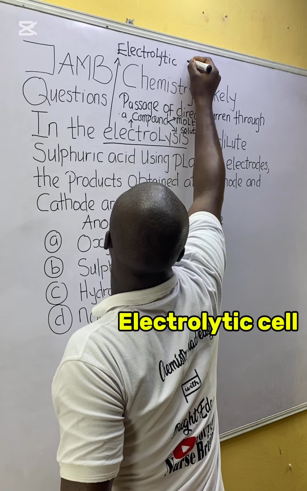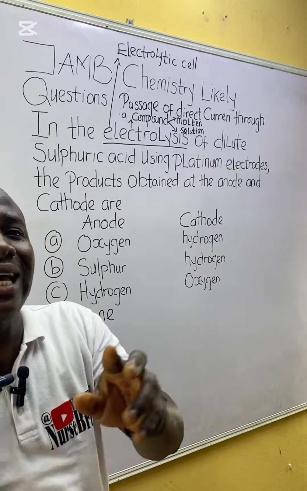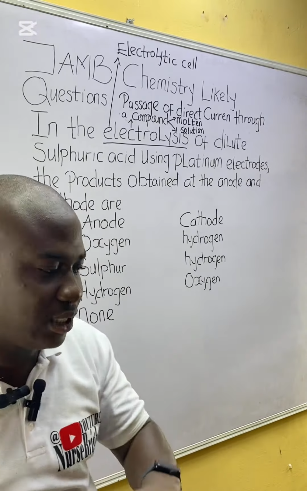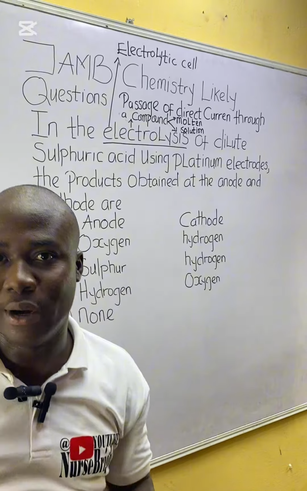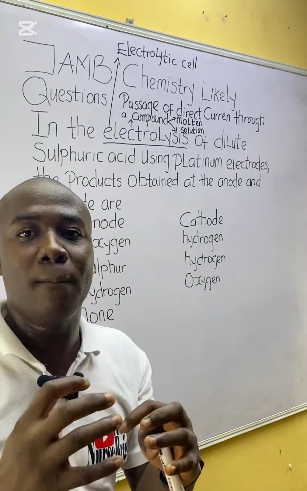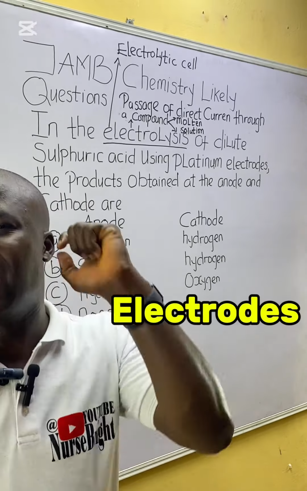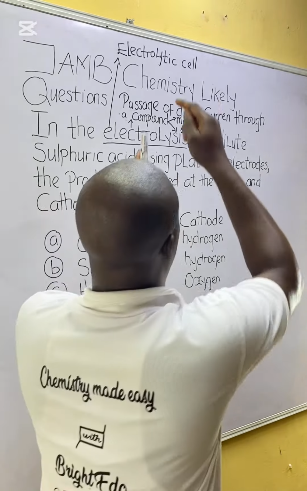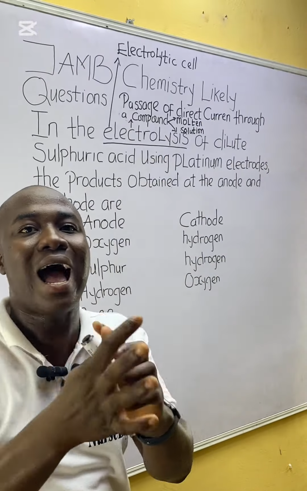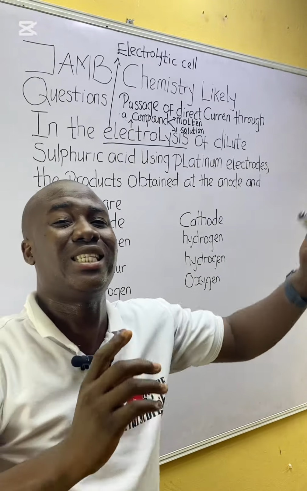Now it must be noted here that electrolytic cell is different from another cell called electrochemical cell, because these cells have their components. Are you there? For electrolytic cell, it has one major component which is called electrodes. Electrodes are the terminals in a cell to which current passes through.